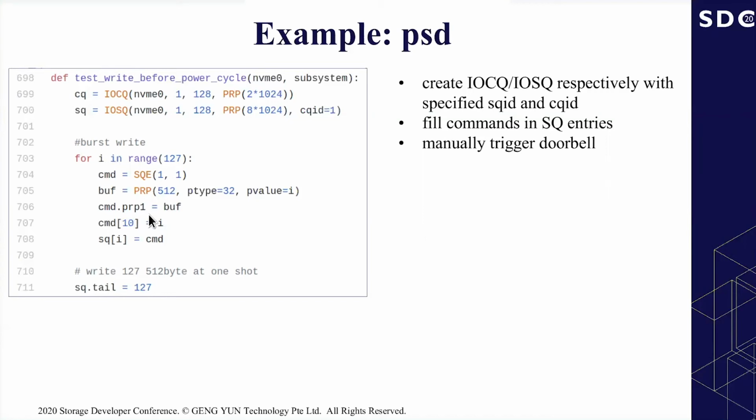We can fill multiple command entries into the submission queue before writing the SQ tail doorbell with a specified value. Here, we create a scenario of IO storm by triggering the doorbell in one shot. PSD gives us the capability to cover every detail in NVMe's IO.